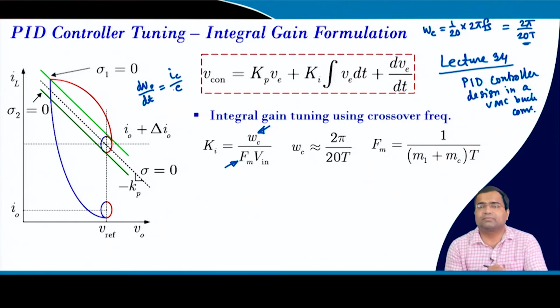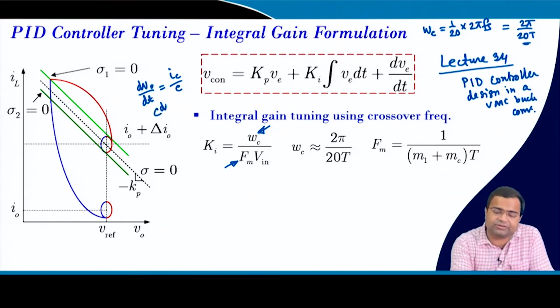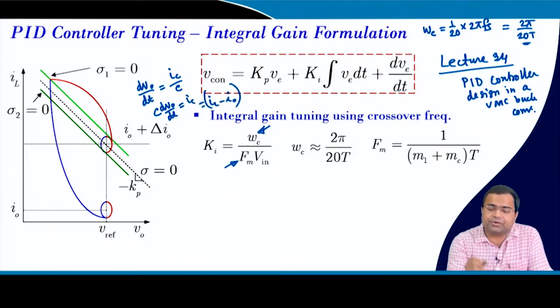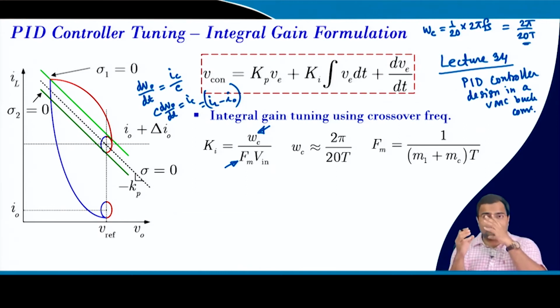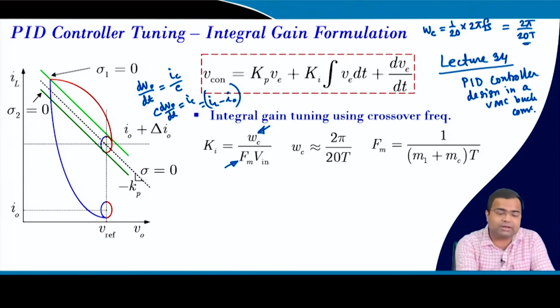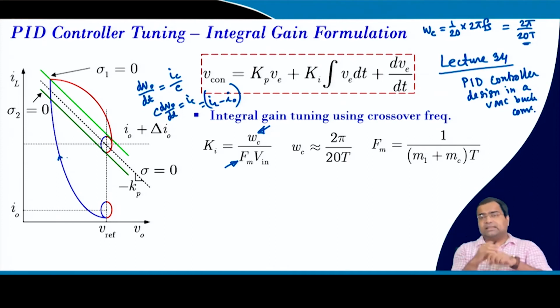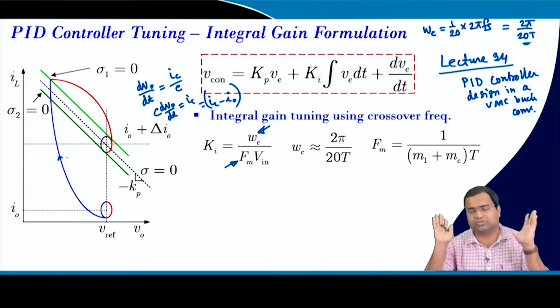If you take C dV0 dt, then it will be IC, which is nothing but IL minus I0, where IL has a slope, which is the rising slope of M1, because we are talking about a step up transient, and this is particularly the trailing edge modulator, where we want to decide the turn on time based on our switching logic, or basically it will come from the closed loop system, but the off time will be decided from the type of modulator that you are using. For trailing edge, it is coming from the total time being constant.